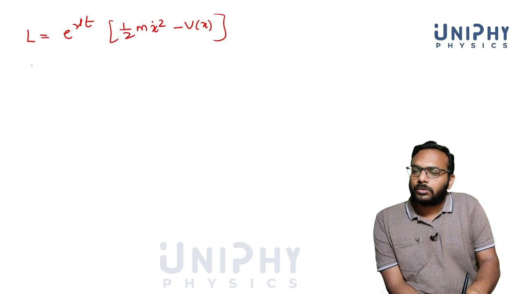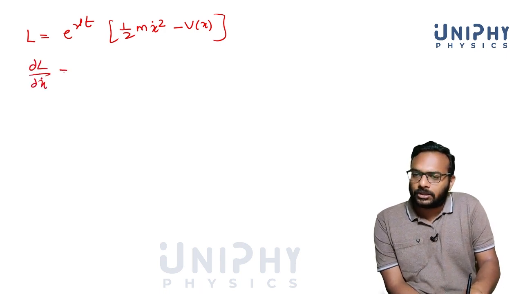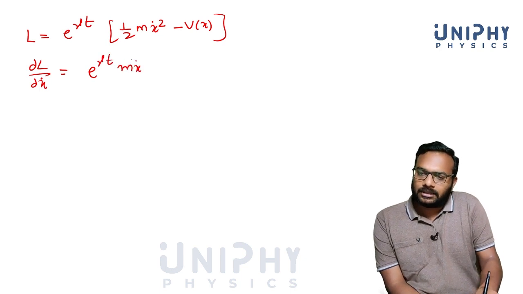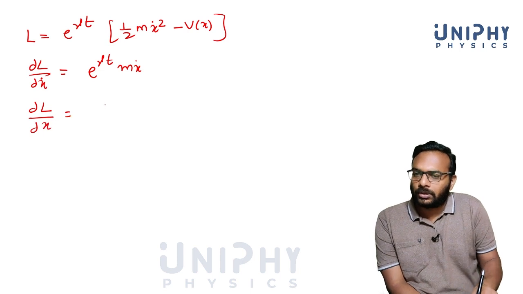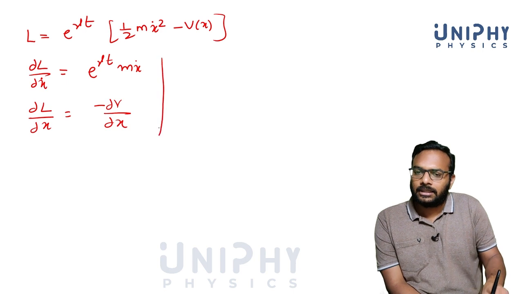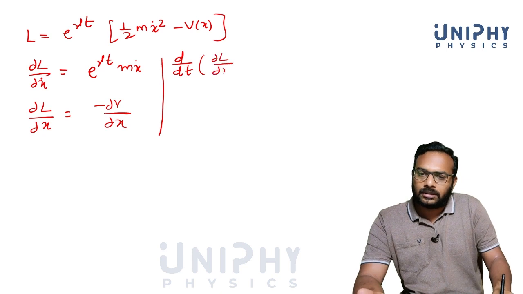Let's just completely do this. Dou L by dou x dot is equal to e raised to gamma t m x dot. What's dou L by dou x? Dou L by dou x equal to minus dou V by dou x. The thing you have to be careful about is when you take the time derivative of dou L by dou x dot.